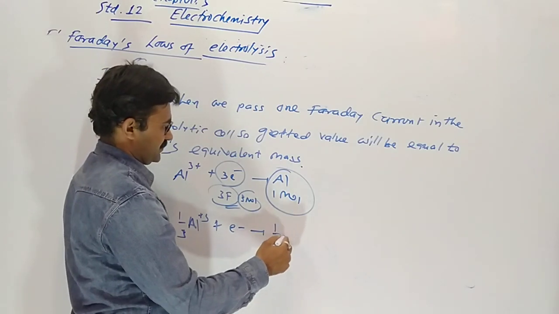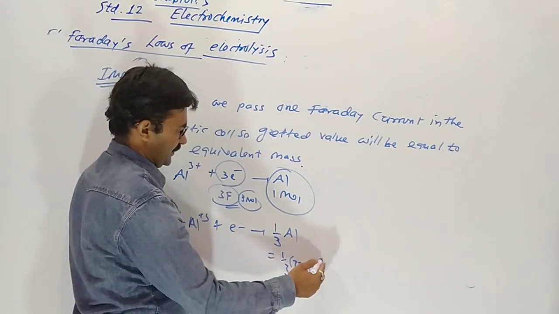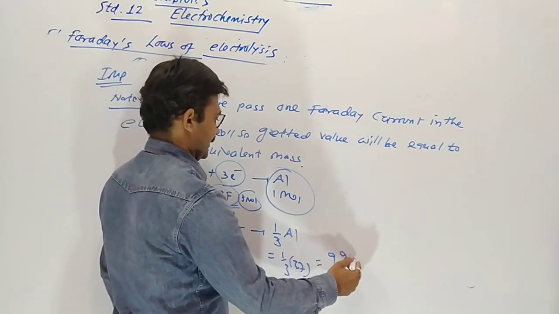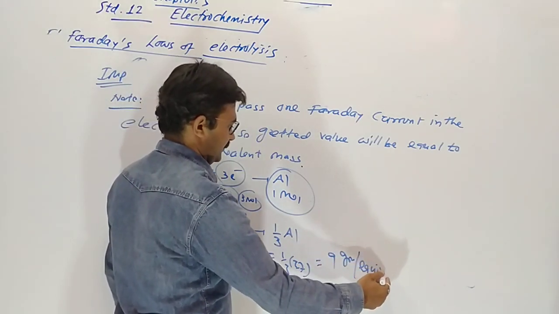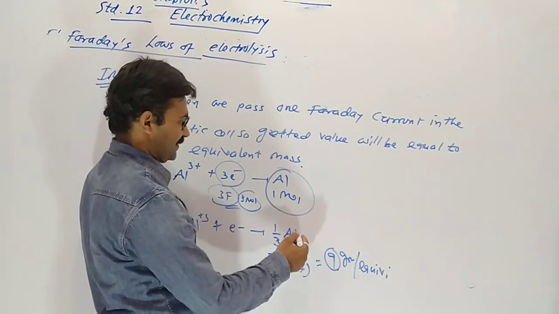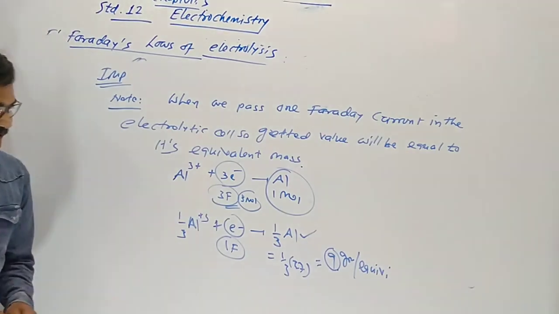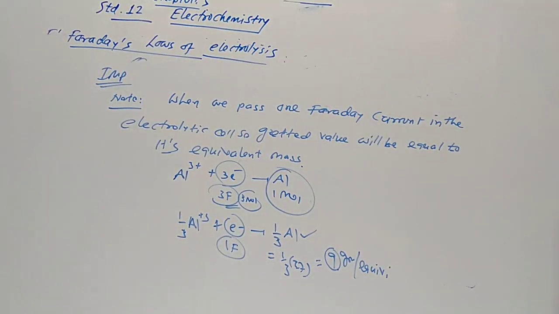So the deposited value is 1 by 3 of aluminium. So 27 by 3, so 9 gram per equivalent. Yes, this is the equivalent mass of aluminium. When we pass 1 Faraday, the deposited value of the metal will be its equivalent.